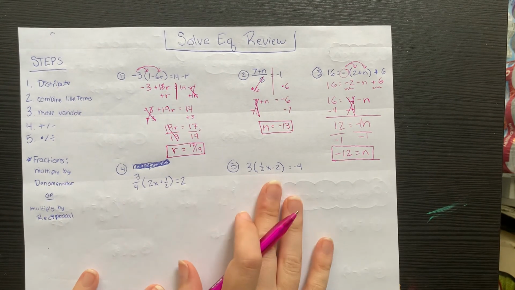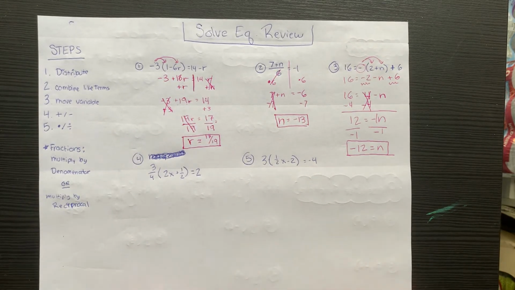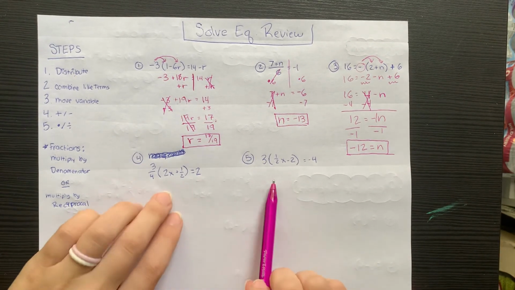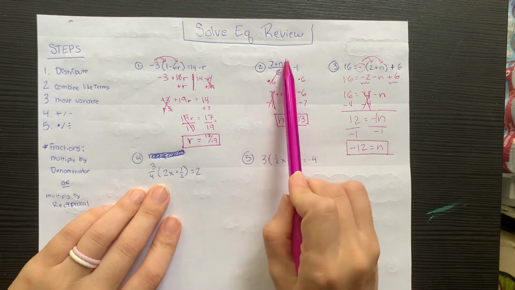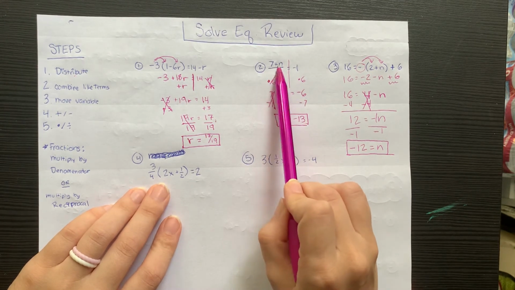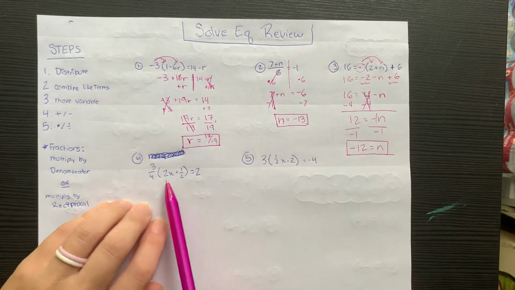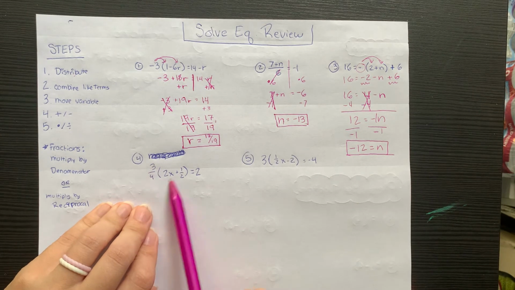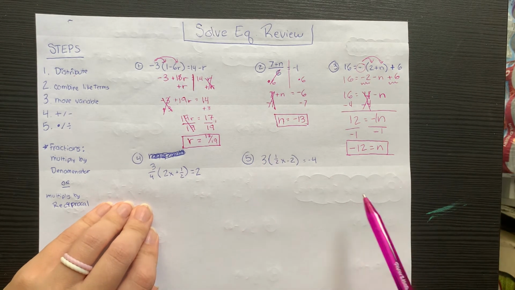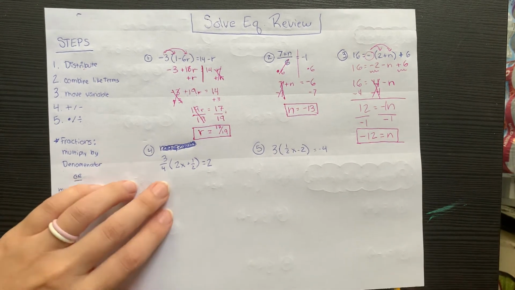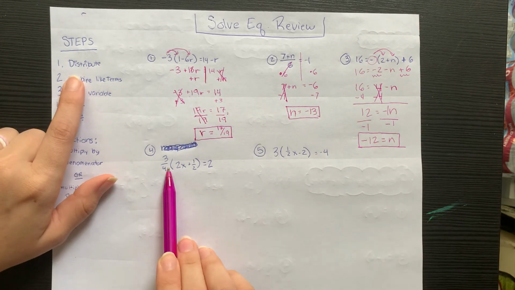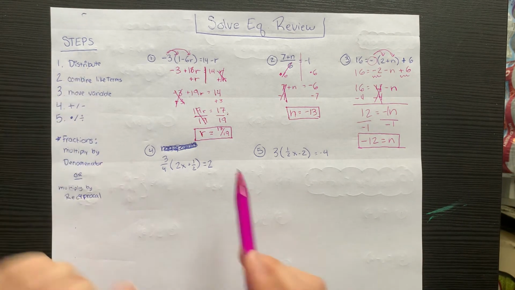I picked out a couple here for the bottom with fractions. So these are different than this kind of fraction. This is like a big fraction where there's more than one thing on the top. When you've got little fractions, like these ones, it's a little bit different. So for problem 4 here, I want to distribute. I'm going to do that first.